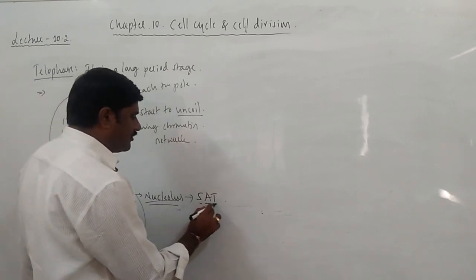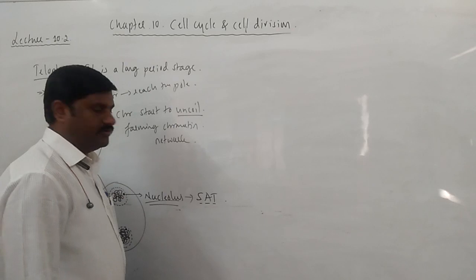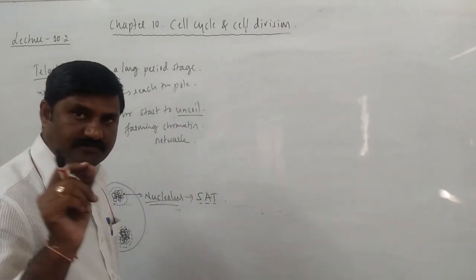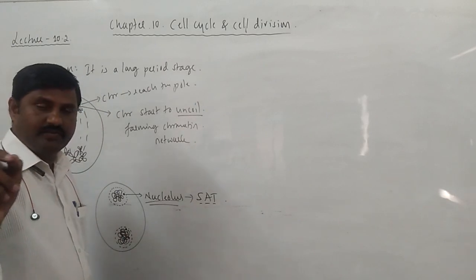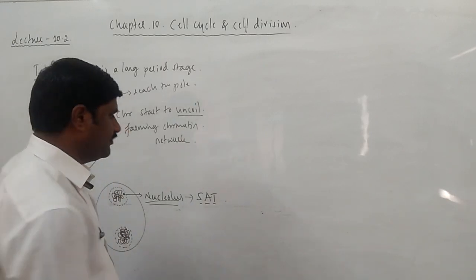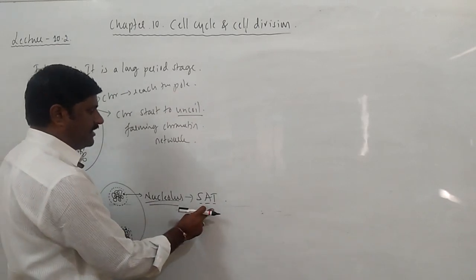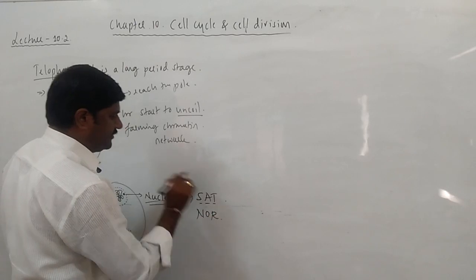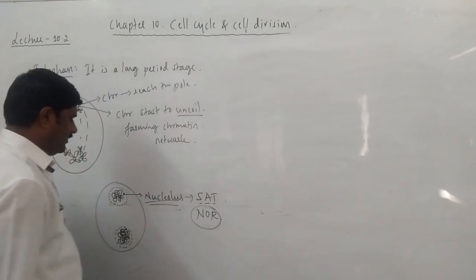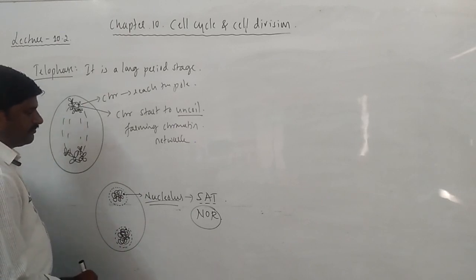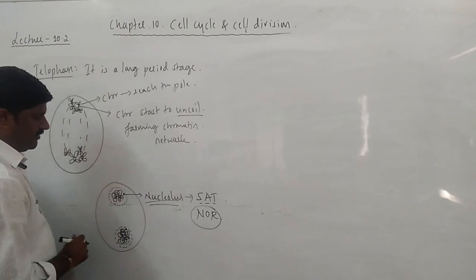These SAT chromosomes are usually present in 5 pairs in the case of human beings. Already I have mentioned the names, 13, 14, 15, 21 as well as 22. These SAT chromosomes have the nucleolar organizer region. With the help of this, the nucleolus is formed.